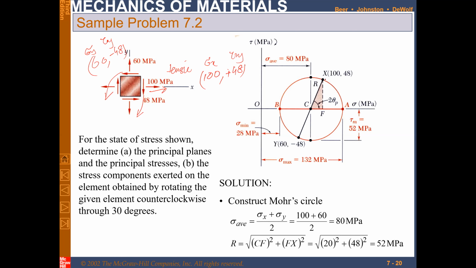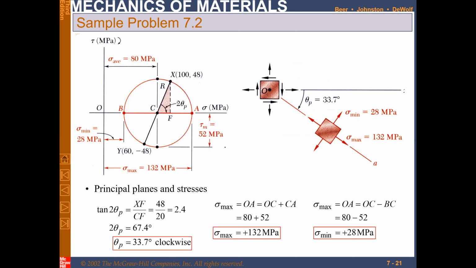So now you will draw these two points, and then you will draw a line that passes through the center, and at the intersection with the sigma axis you will draw a particular line, and then you will go ahead accordingly. The rest we already know how to go ahead. In this particular case, it will be 33.7 degrees, right?